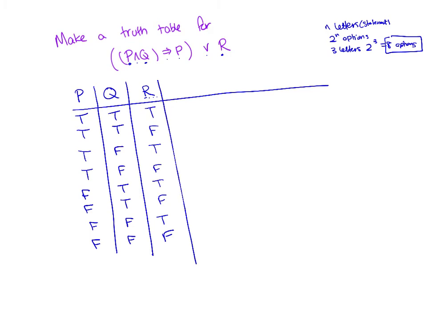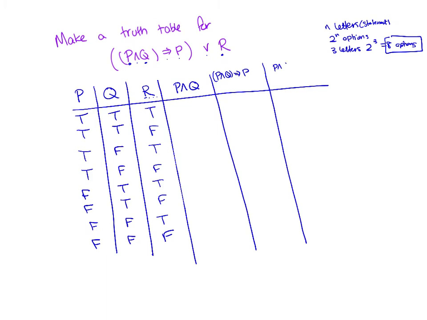Okay, going through here, we've got my P and Q, and then P and Q implies P. And then finally we'll do P and Q implies P or R. So I'll think of this as maybe my 1, and I can call that P2.